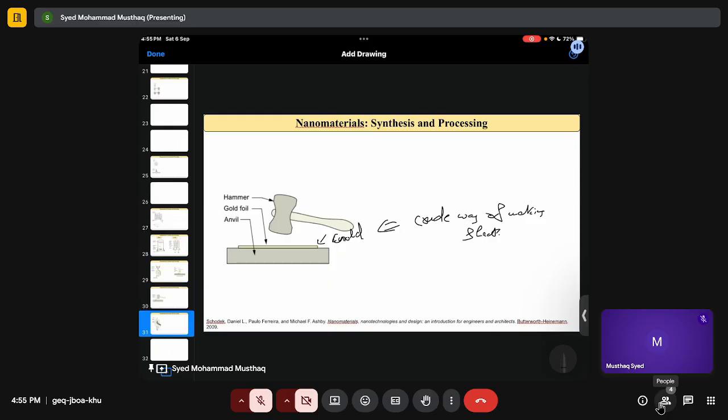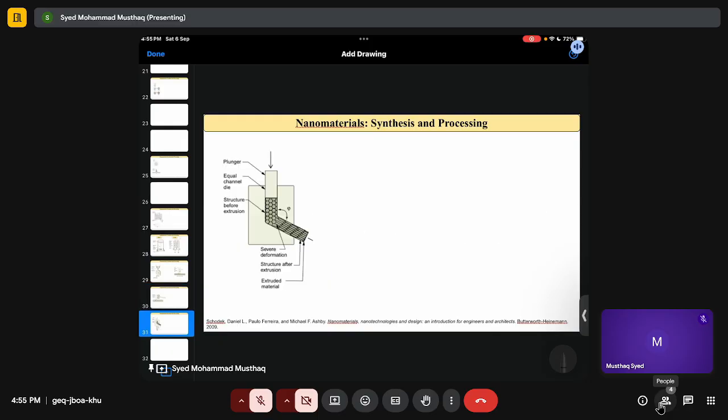And the other one is the extrusion part. Let's say you have grains of some size, let's say 0.1 micrometer. Let's say this is 0.2 micrometer.